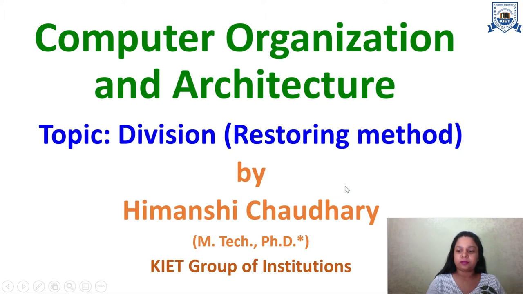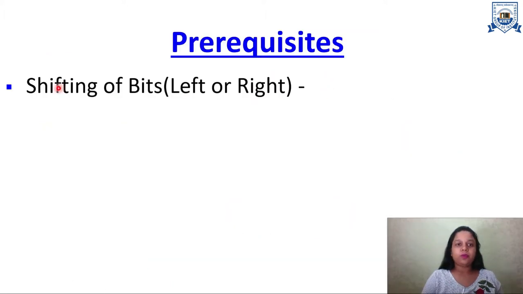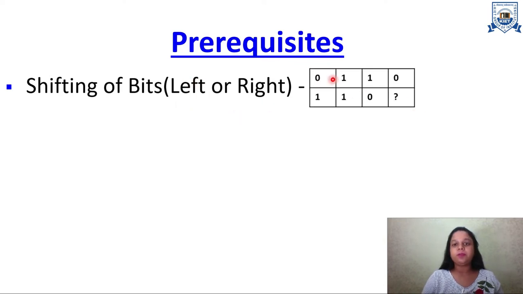Let's start. To learn this topic, we must know what the shifting of bits, either left or right, is. So let's see one example. This is one number, 0110. Now if it has to be left shifted, then this 0 will come here, this 1 will come here, this 1 will come here, and 0 will be here.